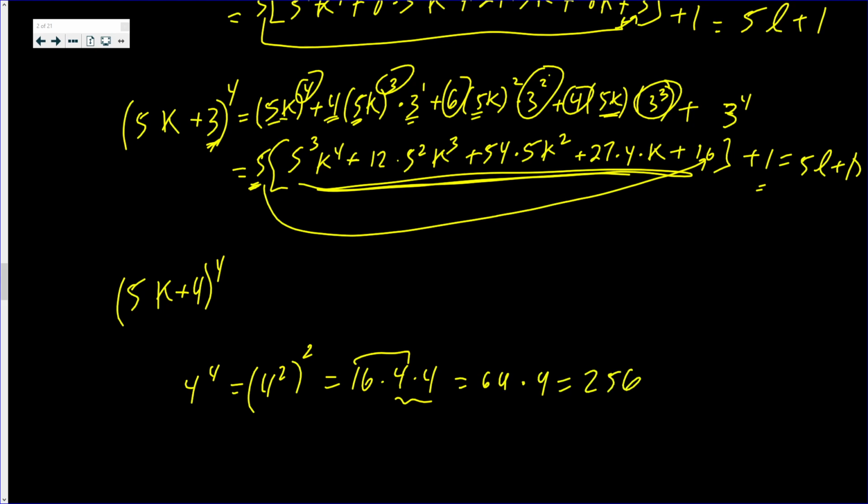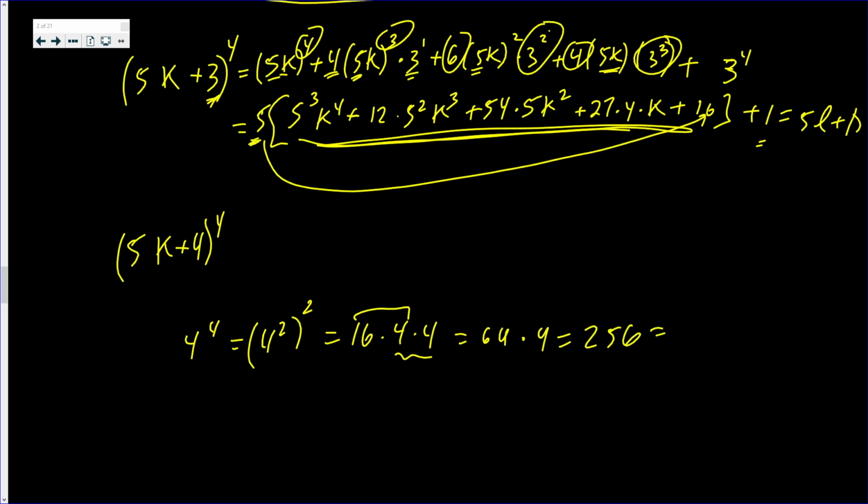It's 256. Okay, well, 5 goes in here 51 times. That's 255 plus 1 more. So it's going to be 5L plus 1. Because with the exception of the constant, everything else will be a multiple of 5.